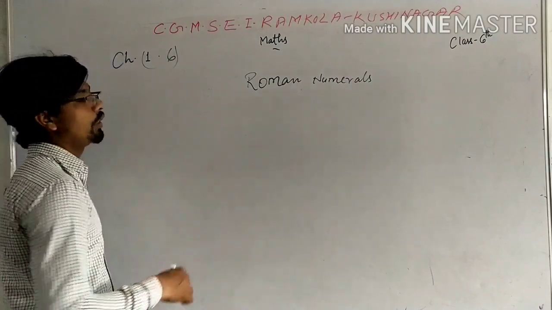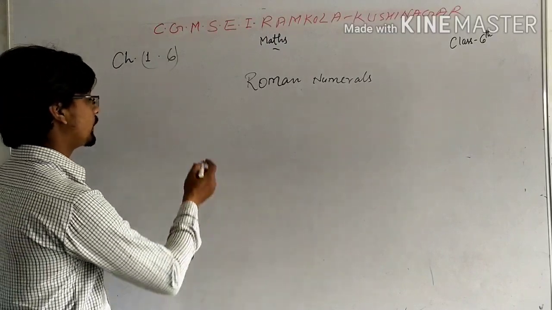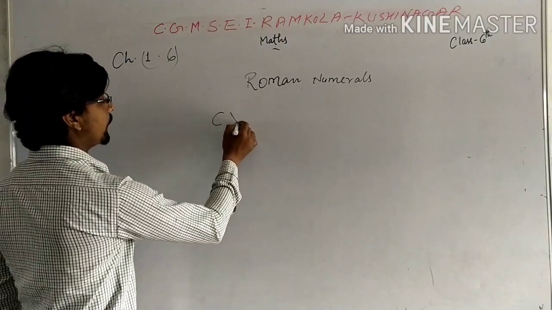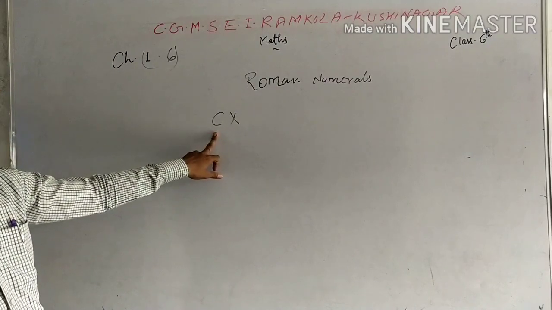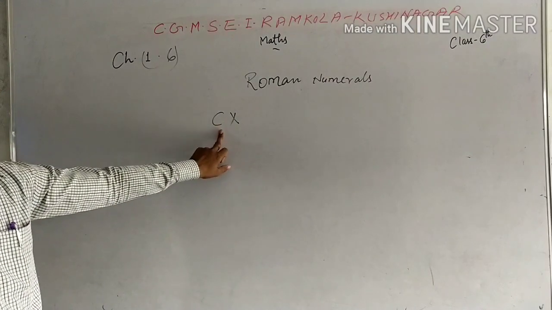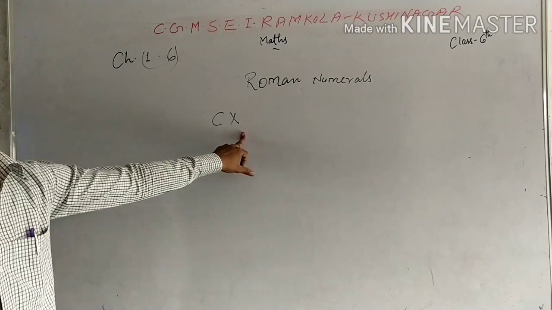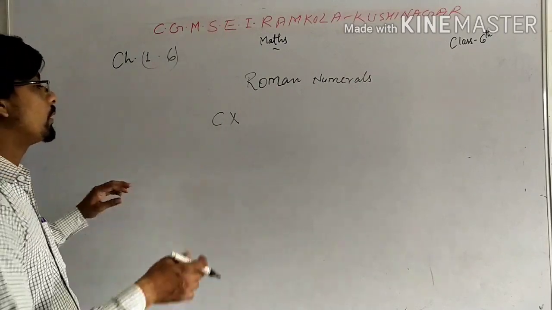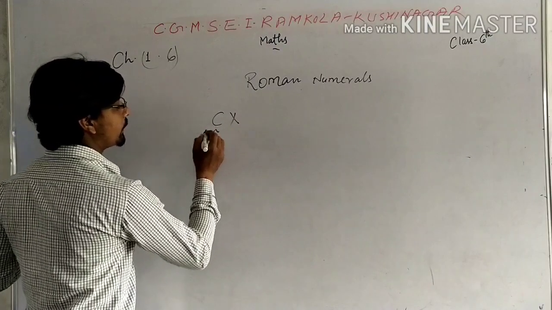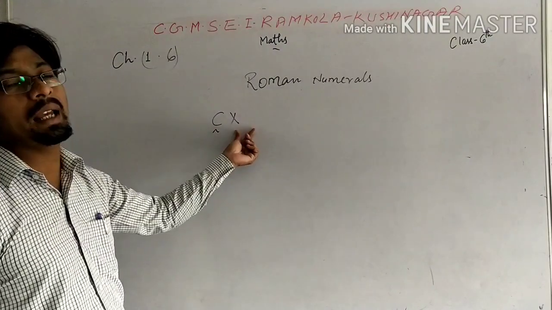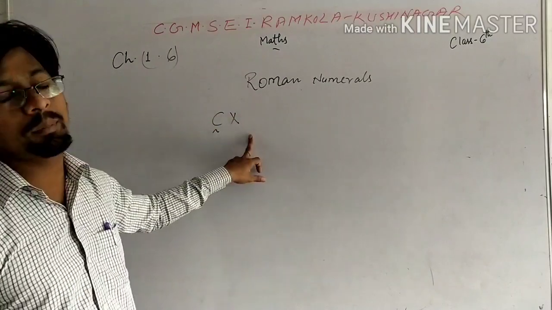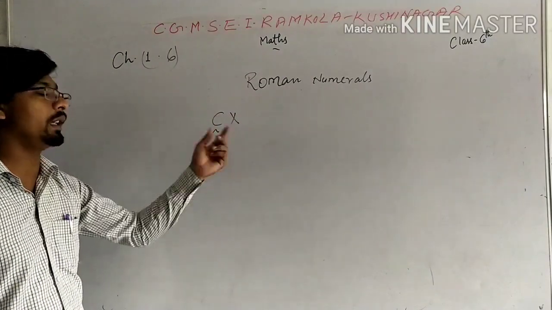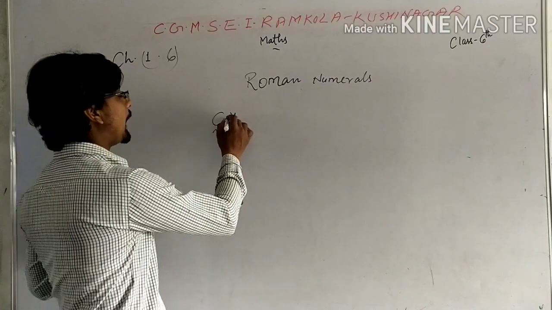If you want to write any number like this, as I told you before, C stands for 100 and X stands for 10. So here the C is greater than the X. If we place the X after a bigger number like C, it will be added.